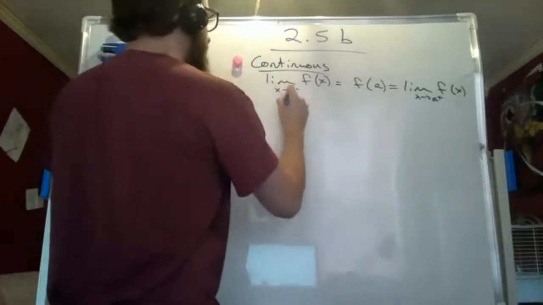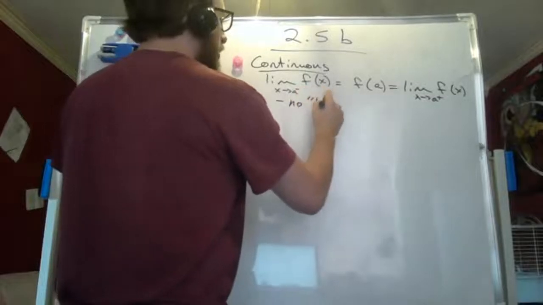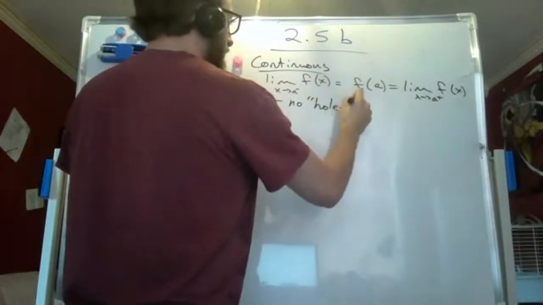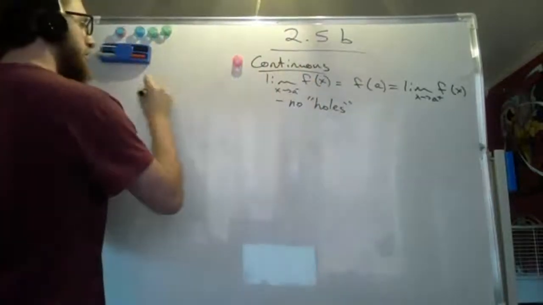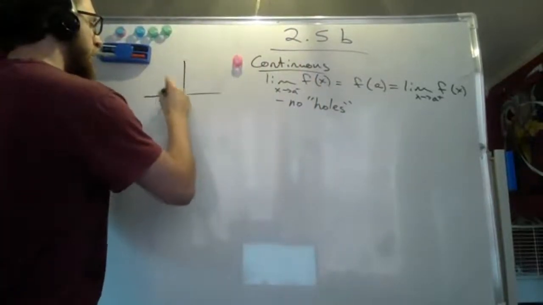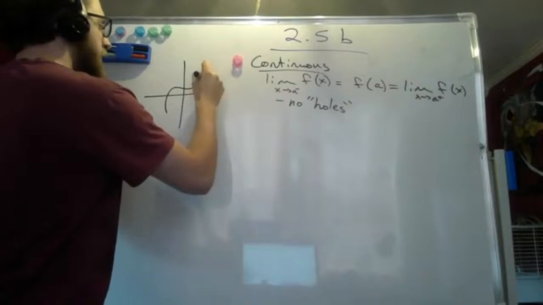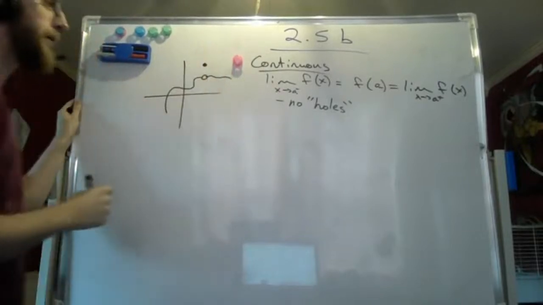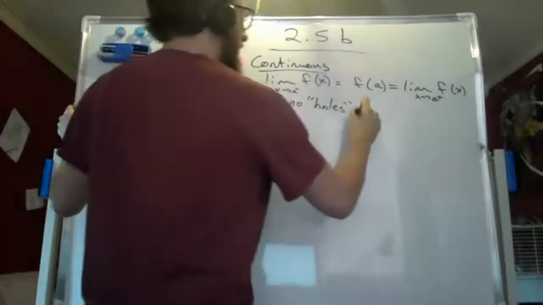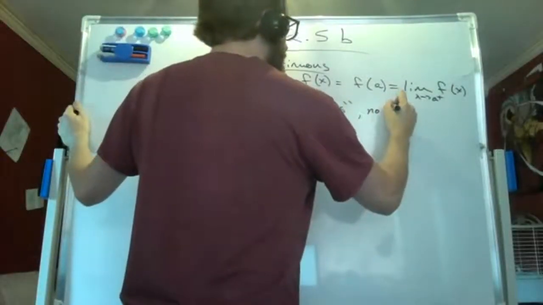So what does this mean? It means no holes anywhere. In the case where they meet, but f of a is like maybe up here, which we had examples of, where maybe your picture looks like this. You got an open circle, it keeps going, but the real point is somewhere up higher. We also say there are no jumps.